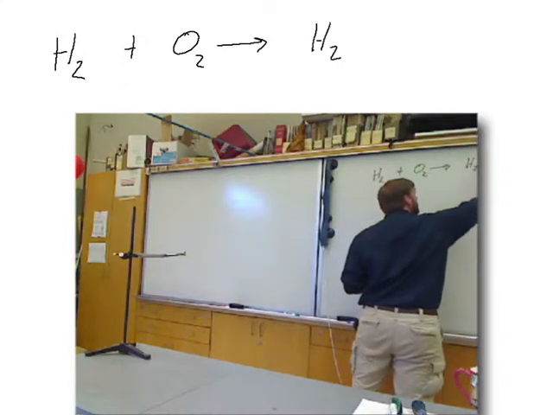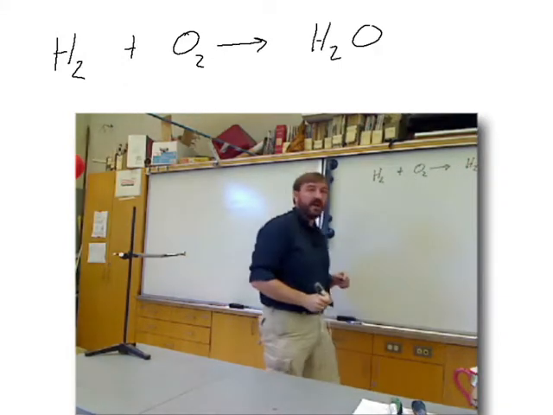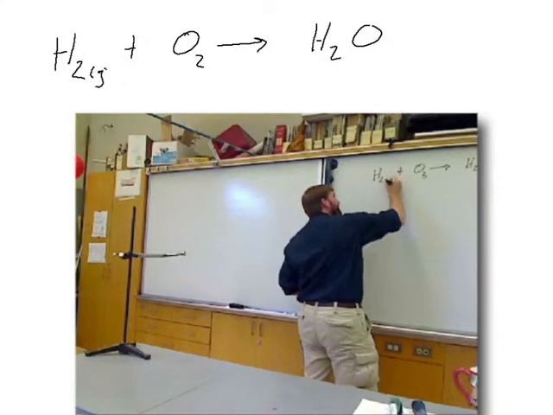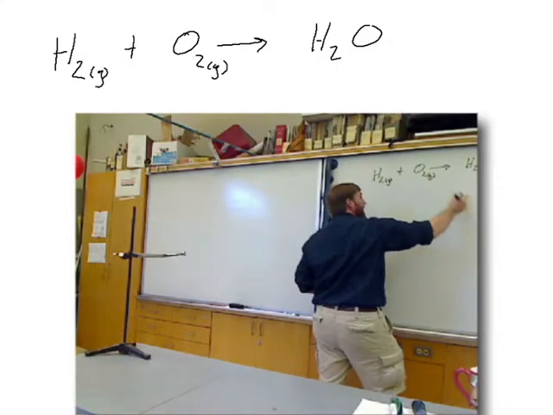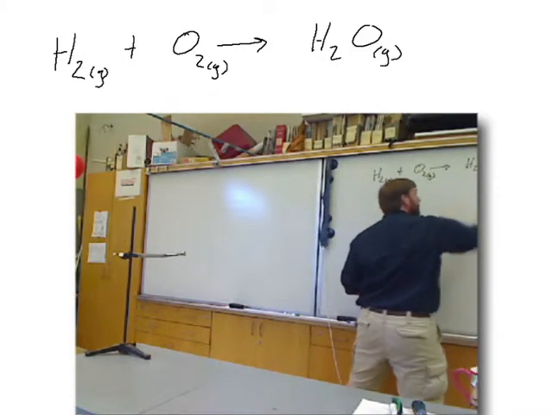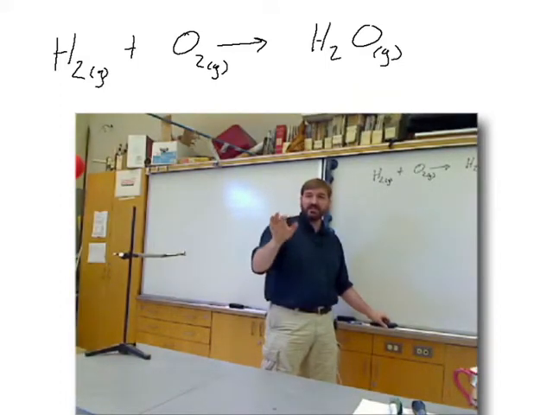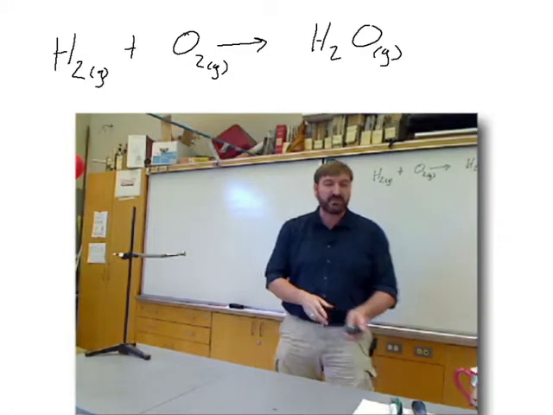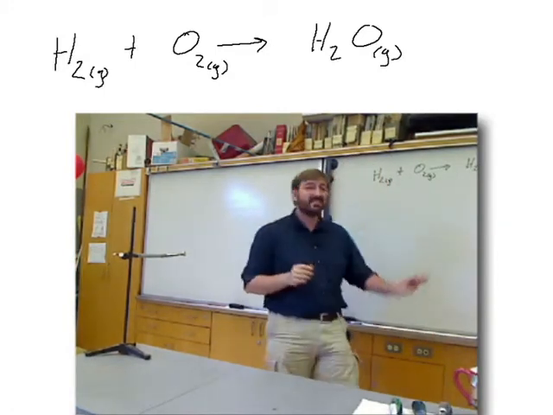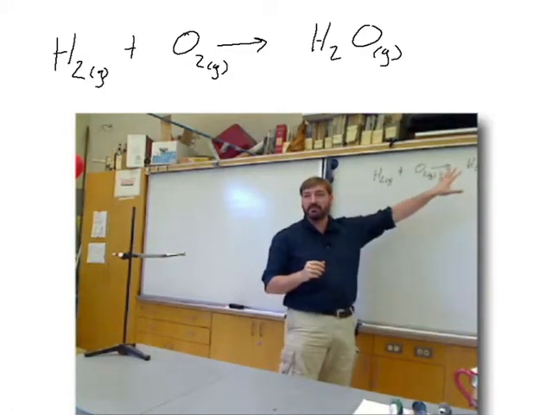Fundamentally, what we need to figure out is which of those two reactants will I run out of first? Which of my reactants is the limiting reactant, the one that will stop the reaction because we ran out of it? It's the same process, the same stoichiometry type of stuff.